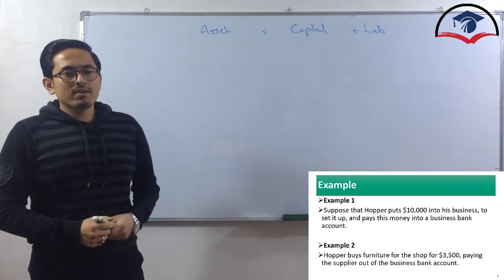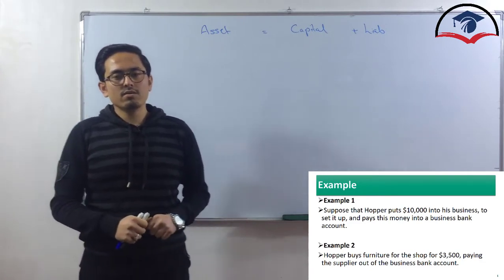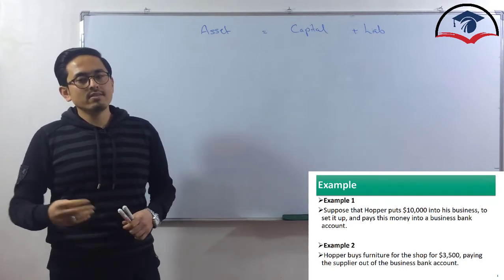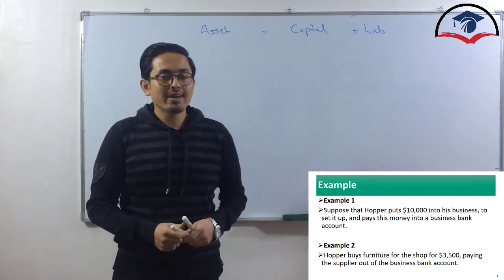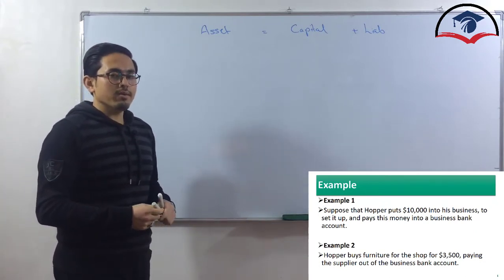For part 1 of the example, we have supposed that Hopper puts $10,000 into his business to set it up and pays this amount into the business bank account. He brought some cash to the business as initial capital of the business.